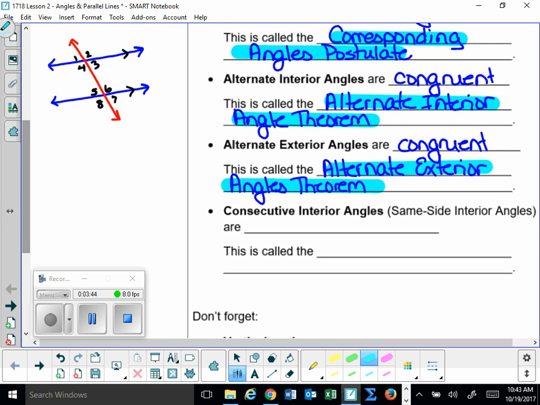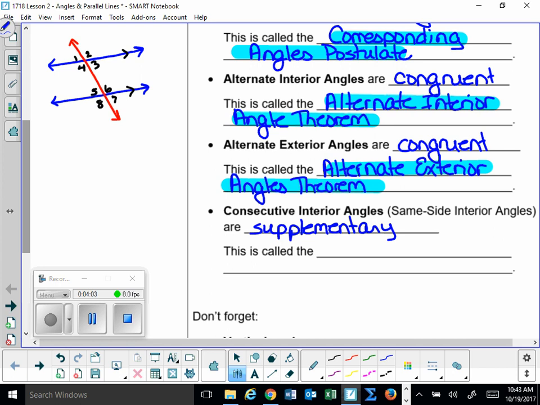And finally, consecutive interior angles or same side interior angles are supplementary. This one's the oddball. This is the one that's different, right?